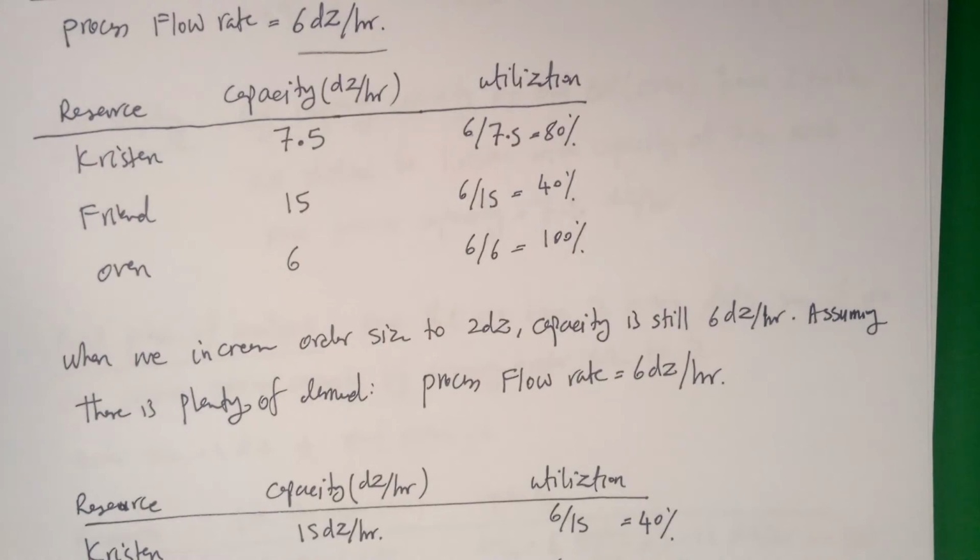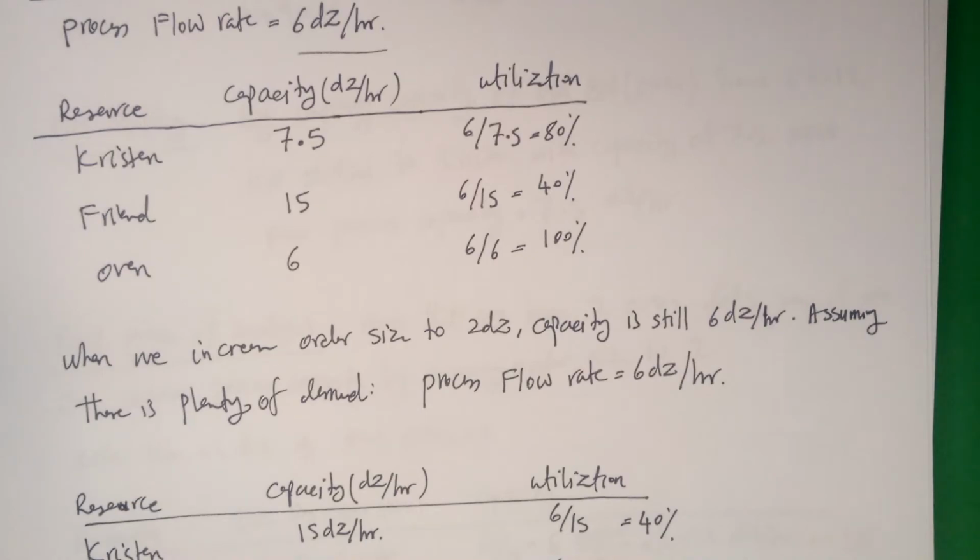Oven's utilization is going to be 100%. All right. It's a bottleneck and it works at full capacity, so it's going to be utilized all the time. And if you look at your Gantt chart, you're going to see that the bottleneck, except the first few minutes, that is a warm-up period, which is the oven here, works all the time.